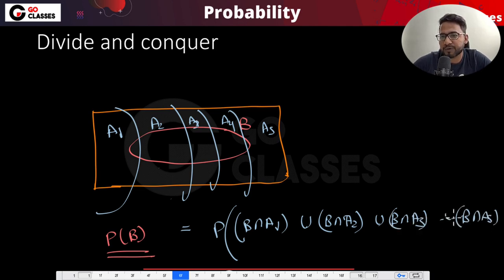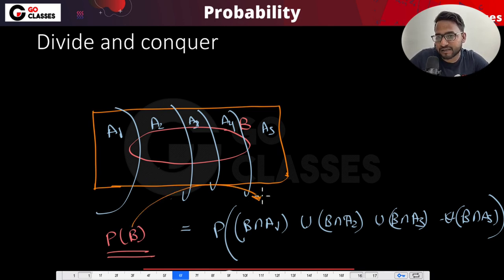I'm just rewriting this B, isn't it? If I have some events, A1 to A5, then I can definitely write like this. Now if I ask you a very fundamental question, how were you even able to write this B like this?